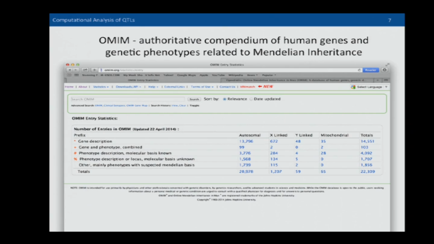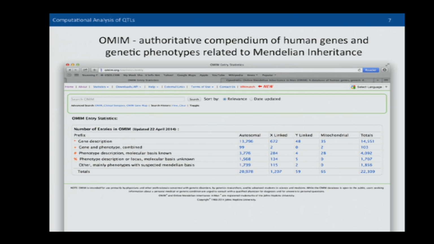One great resource for traits that are fairly simple, that primarily are the result of a single gene mutation or where a single gene mutation plays a dominant role, is something called Online Mendelian Inheritance in Man. It has about 21,000 genes in it right now.